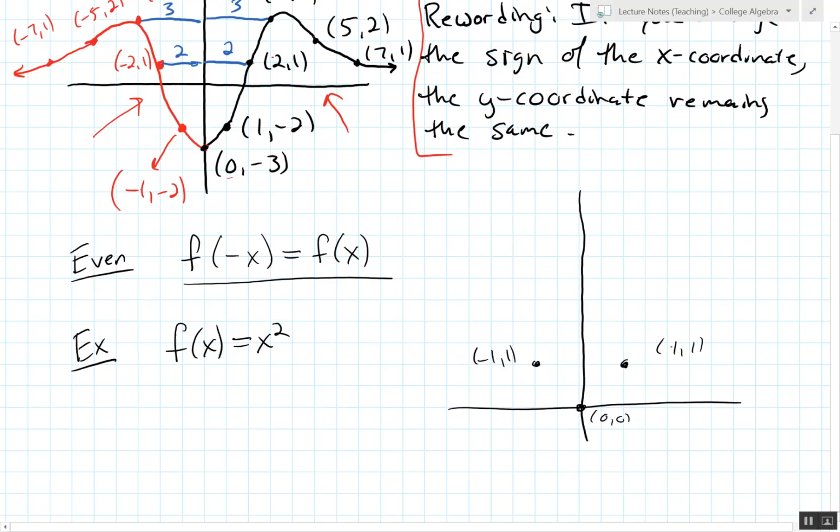Same thing when we're at (2, 4). If we change the sign of the first coordinate from 2 to negative 2, we're just going to be at (-2, 4). So the y-coordinate doesn't change. And that's why the right-hand side and the left-hand side of a parabola look like mirror images of each other. So, proof of evenness.